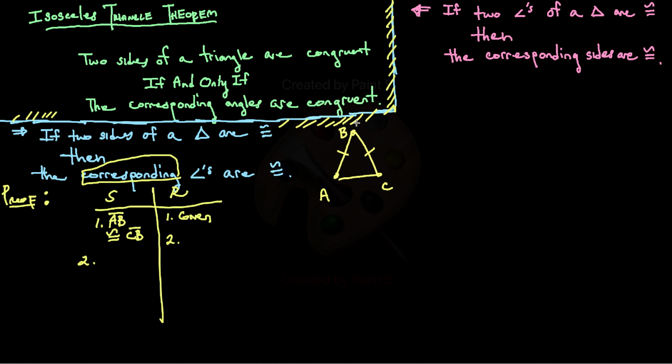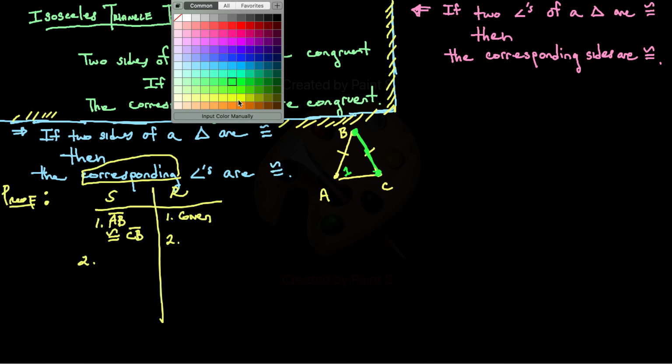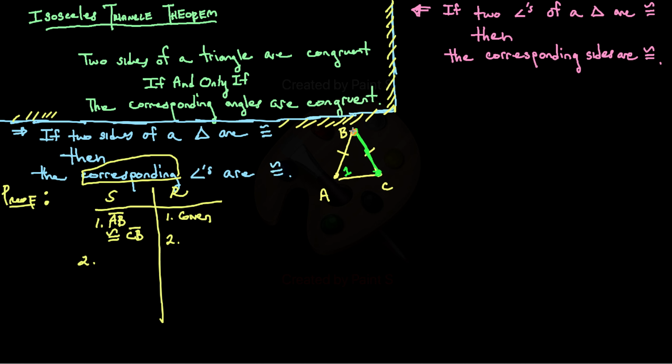So I'm going to draw this side, BC. Its corresponding angle is this angle right here that I put a 1 on. We need to be able to identify the corresponding angle given a side. Here I have side AB, and its corresponding angle is angle 2.